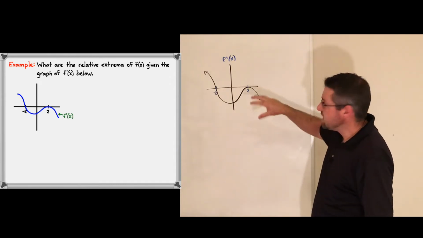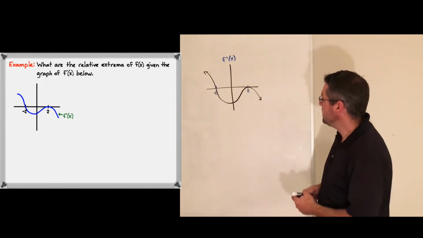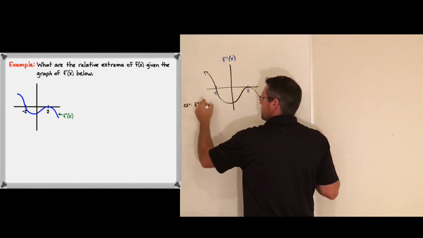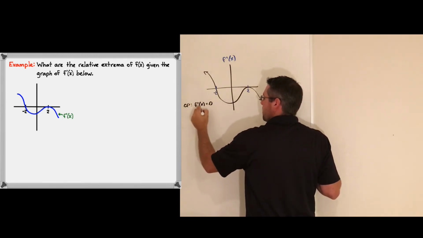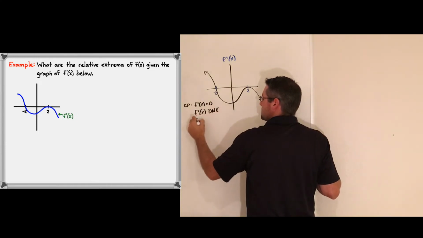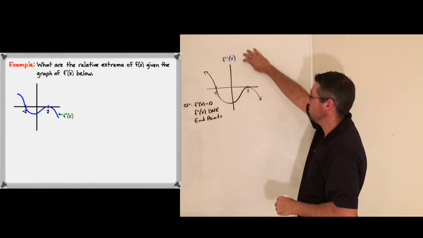Well, we need to identify critical points in order to identify extrema, keeping in mind that a critical point is when f prime of x equals 0, when f prime of x does not exist, or at endpoints. Looking at this graph, again, this is f prime.